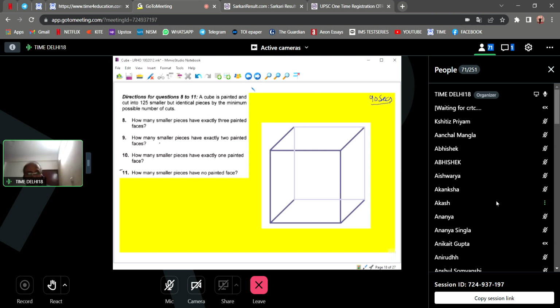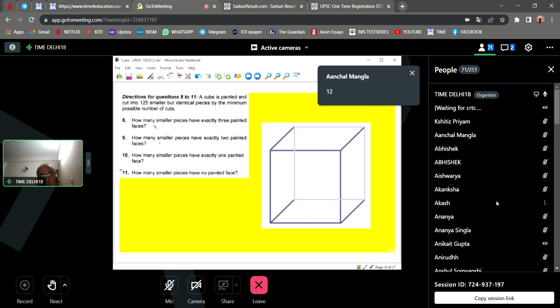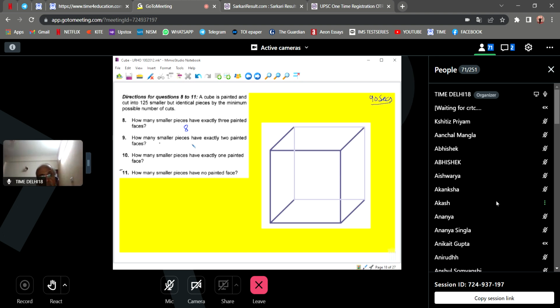Answer for the first one is 8. How many smaller pieces have 3 painted faces? 8. How many smaller pieces have exactly 2 painted faces? See, a cube is painted and cut into 125 smaller but identical pieces.